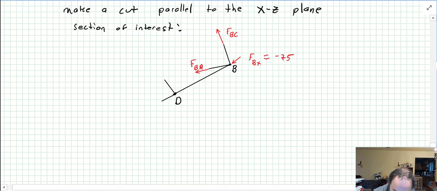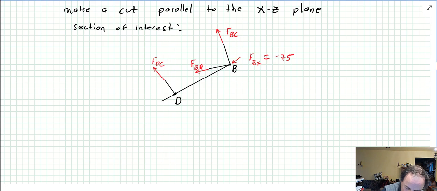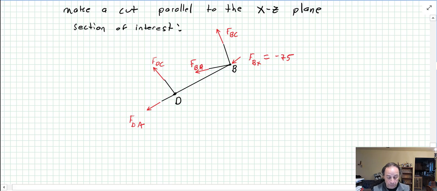Here, FDC. And here, FDA. Okay, those are the forces in the members that have been cut through.